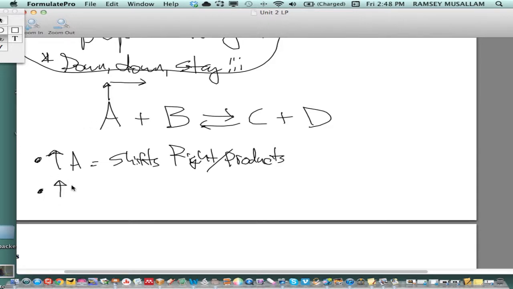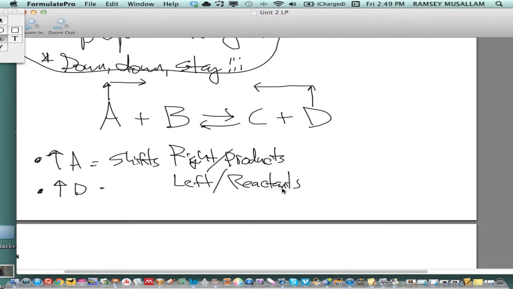Let's do another one. Let's say we increase D. Up, up, and away. Which way is it going to shift? It's going to go left, towards the reactants. See what I'm doing, guys? It's simple, and it makes sense.